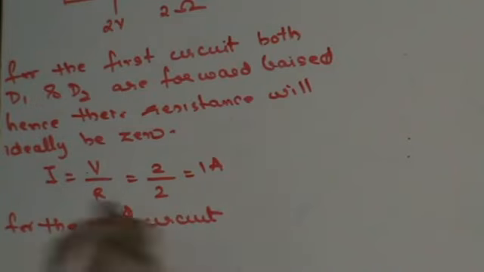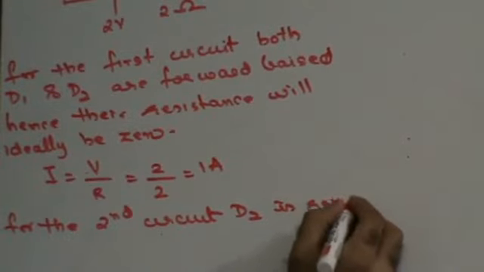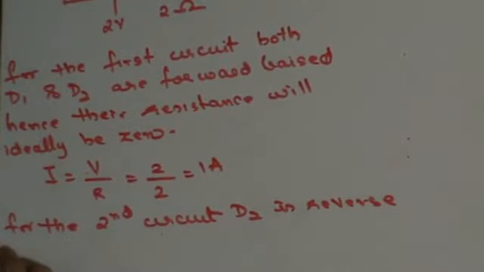Now, for the second circuit, diode D2 is reverse biased, right? Hence, it offers infinite resistance.